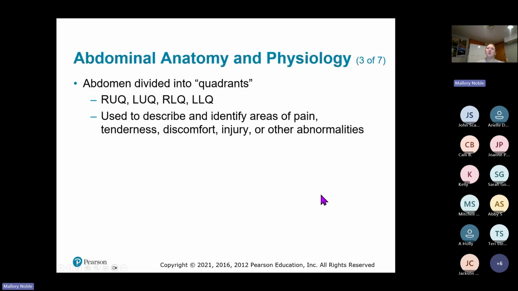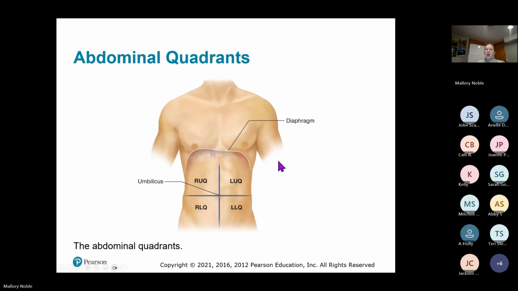The abdomen is divided into 4 quadrants when we're assessing it. We've got our right upper, left upper, right lower, and left lower quadrants. And how we describe to other providers where the pain is located is based on those 4 quadrants. So the quadrants are divided at the umbilicus.